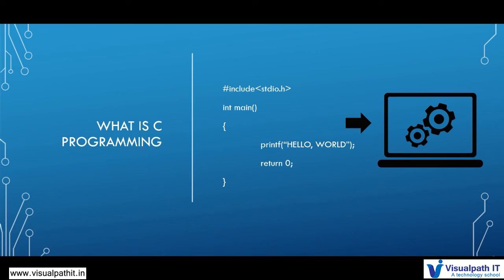So this is the basic syntax of the C language, and if we just write this set of lines in a text editor and save it with the extension .c, it will become a C program. A C program basically has the following form: preprocessor commands, functions, variables, statements and expressions, and comments.